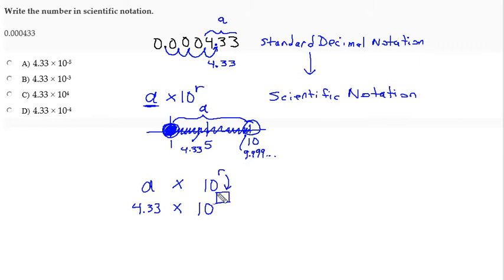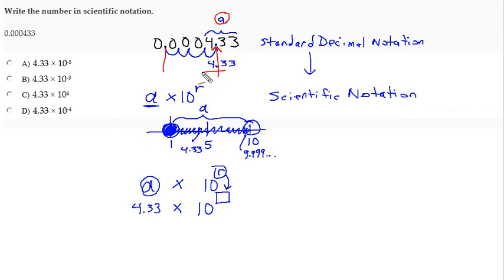These are the two parts. We need to find out what a is and what r is for converting to scientific notation. Now I'm going to switch colors here to red so we can see the next part of the process. The r number is how many times we would have to move this decimal point in the a number. We start at the a number.